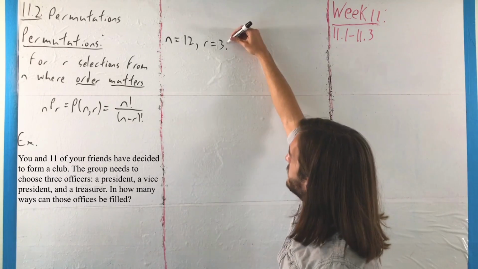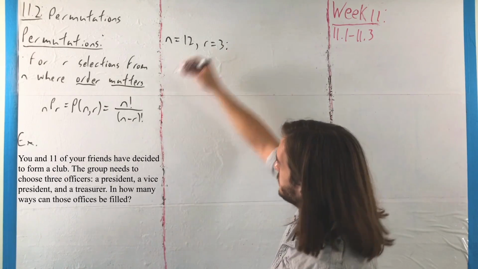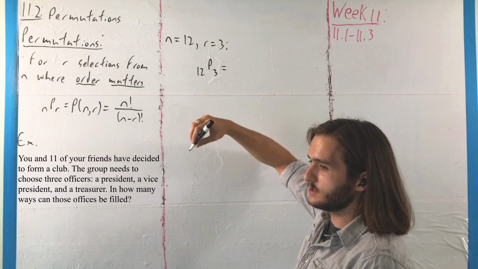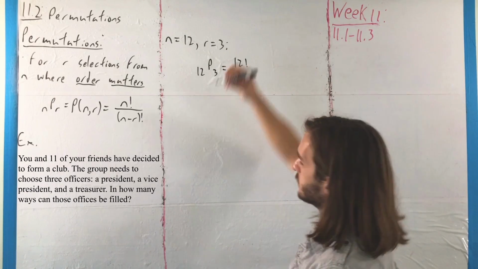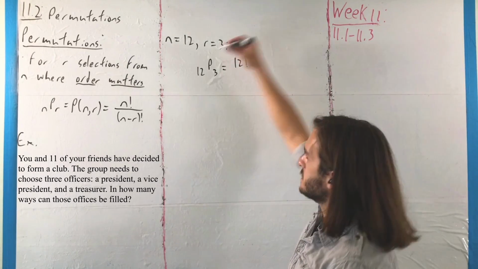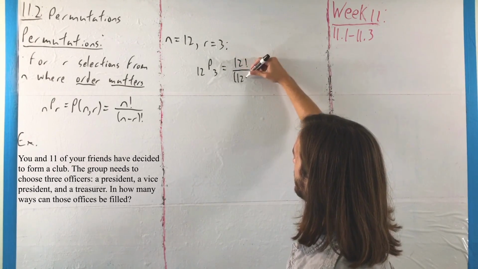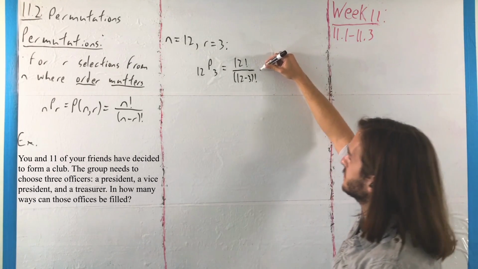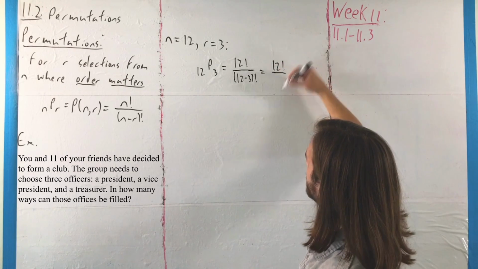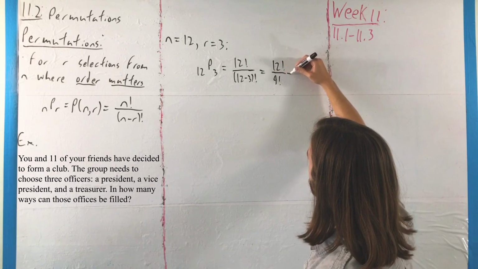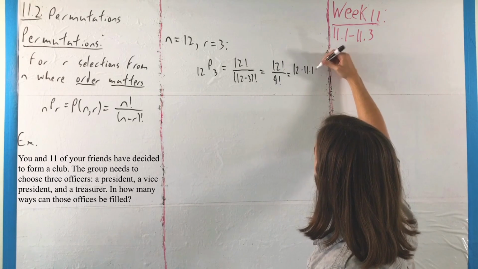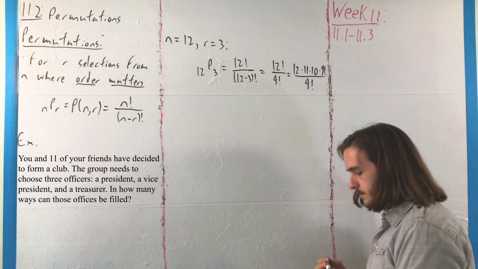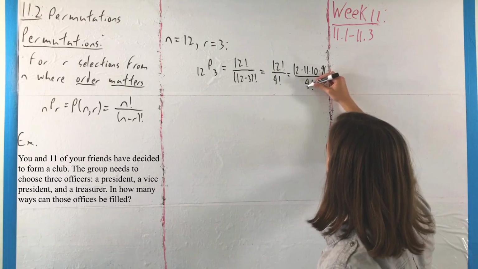So we have 12 permute 3 total options, which means we take all 12 factorial groupings and kick out the 12 minus 3 factorial that don't matter to us, taking 12 factorial over 9 factorial, or 12 times 11 times 10 times 9 factorial over 9 factorial, where the 9 factorials cancel out.